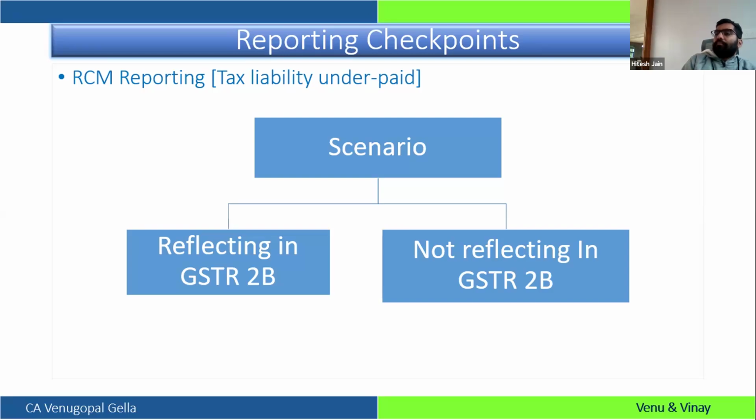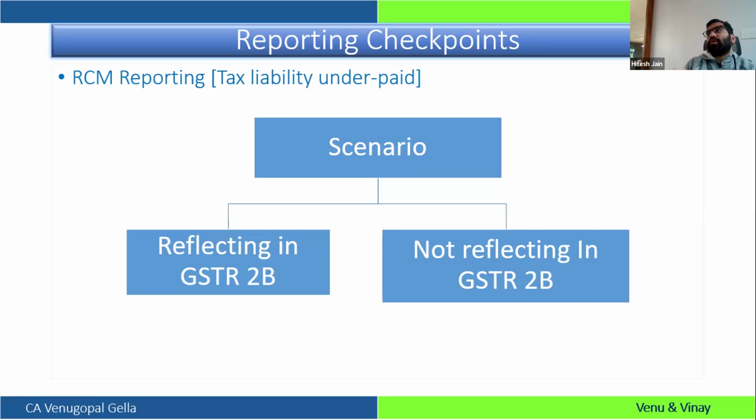This is a matter where a suggestion may differ from professional to professional, but what we think as a team would be: if tax has not been discharged either in monthly returns or in the monthly returns of the subsequent period, then it is better that we need not report such taxes in either 9C or GSTR 9.